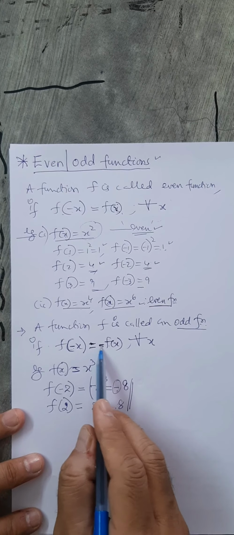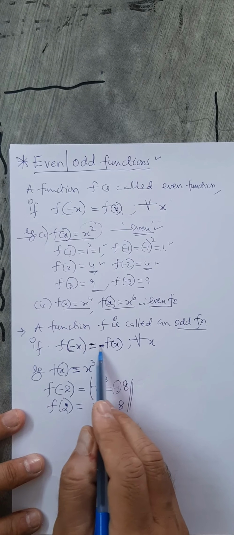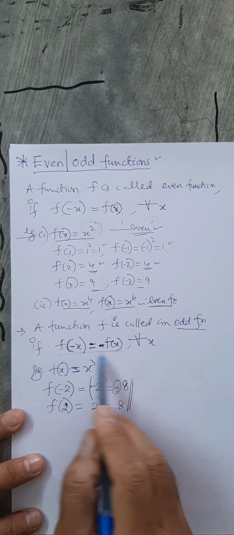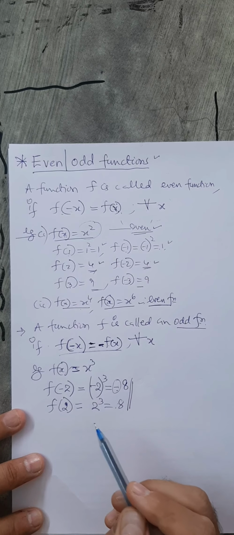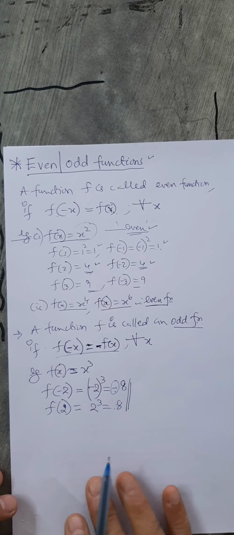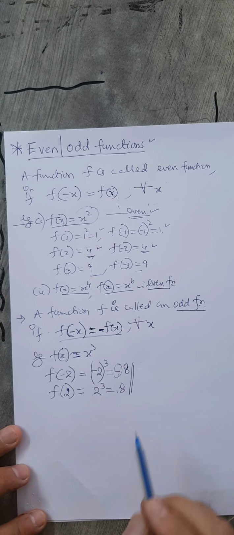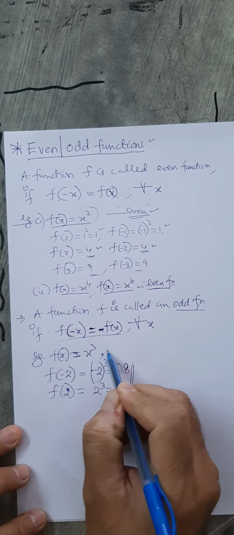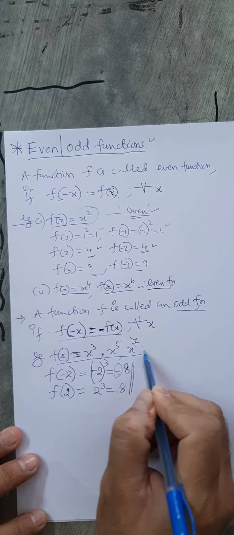If there is a difference of minus sign, I mean in another language, if minus sign is out from this, then such a function is called odd function. It is not necessary that every function is always even or odd. There are functions which are none of these two. But our interest, if you take even this here, x raised to 5, x raised to 7, all are odd functions.